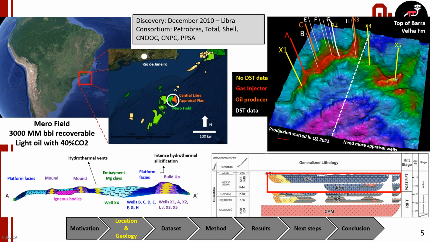So the main data set I'm working with is from the Mero field in Brazilian deep waters. It's a giant field. It was discovered by Petrobras and the ANP, the Brazilian agency, in 2010, and since 2013 it's being operated by Petrobras with its partners, which are Total, Shell, CNOOC, CNPC from China, and the Brazilian government representative.